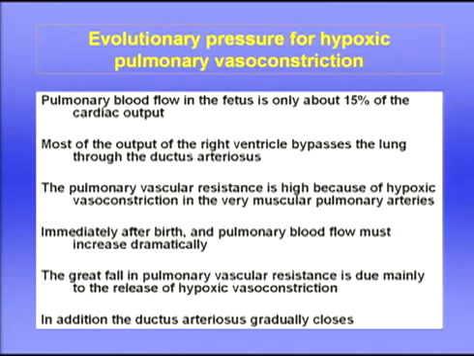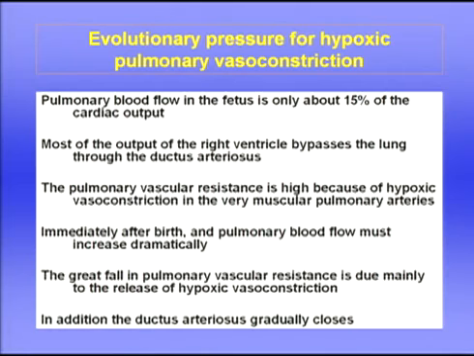Well, it's mainly because of hypoxic constriction of the very muscular pulmonary arteries. It turns out that the fetus has a great deal of vascular smooth muscle in the small arteries, and it's capable of raising a high degree of constriction, so that prevents most of the blood from going through the lung.